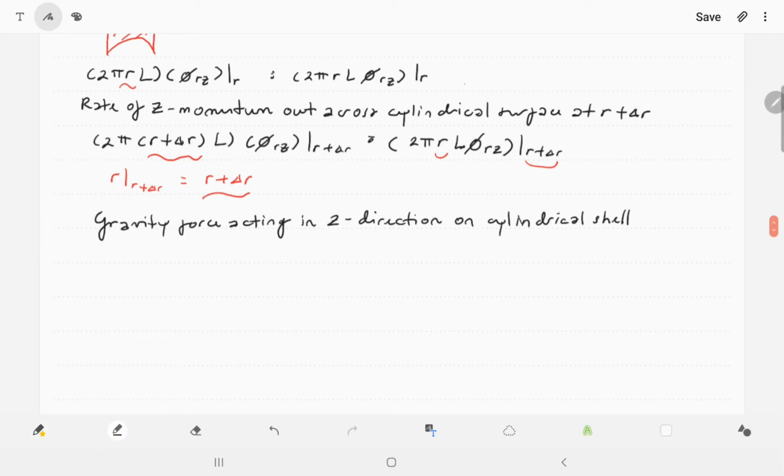So in here, the volume of your cylindrical shell will be 2 pi r multiplied by delta r L rho g. You need to make sure that this has a unit of a volume. Okay, so that's very important.